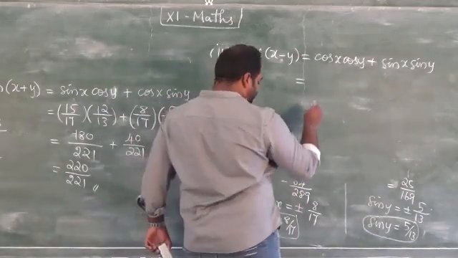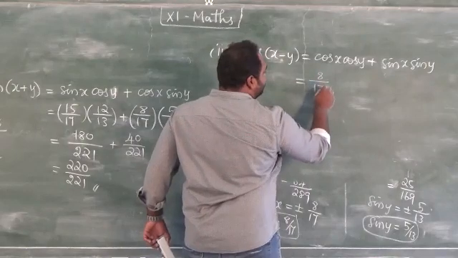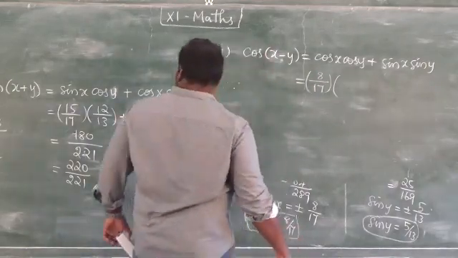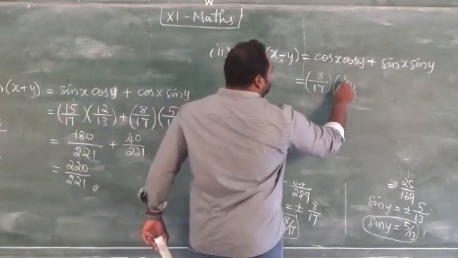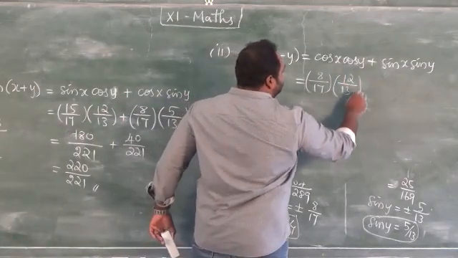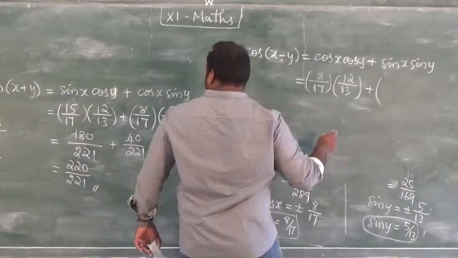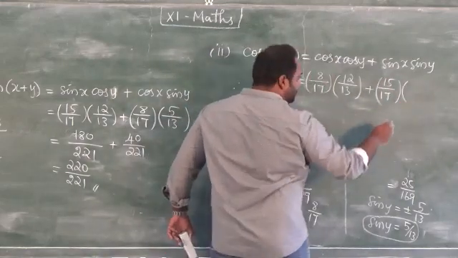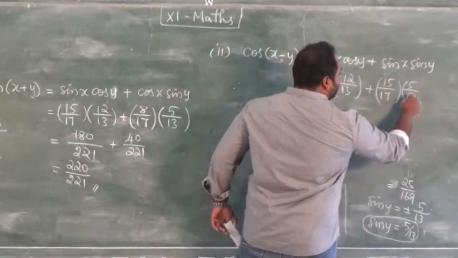Now cos x value 8 by 17 into cos y value 12 by 13, plus sin x value 15 by 17, sin y value is 5 by 13.